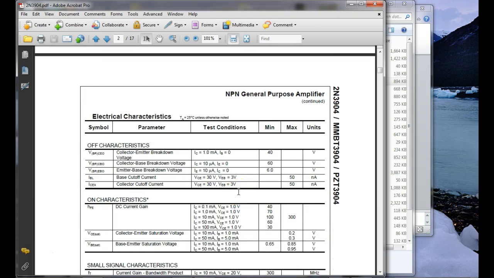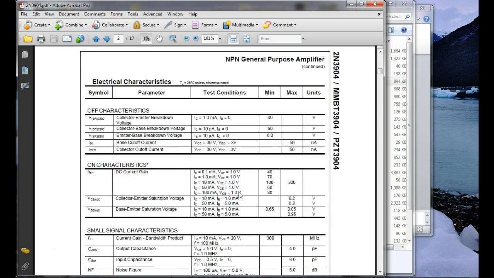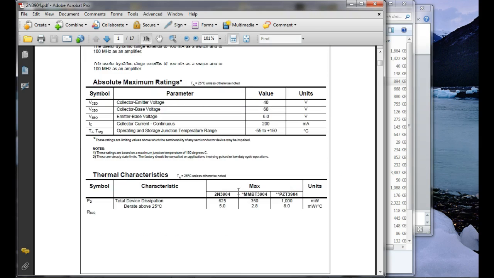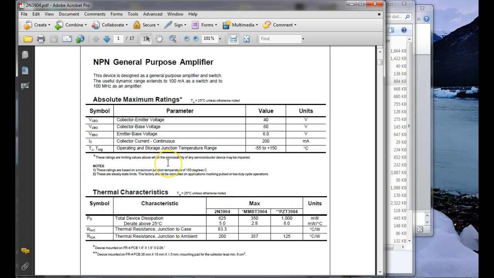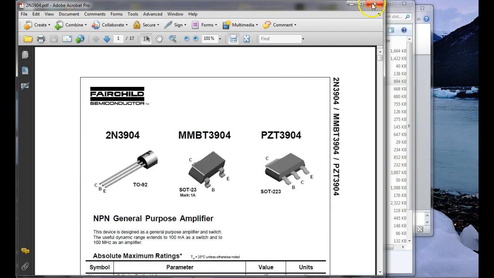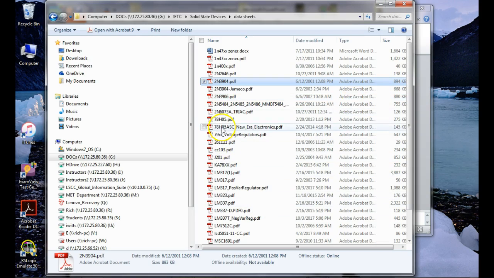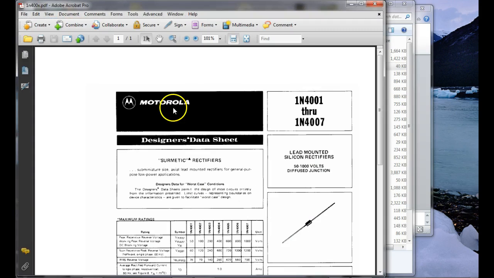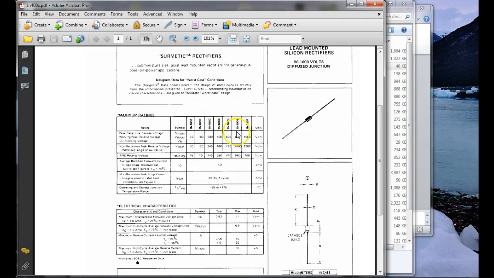Guess what? We can't find it. In fact, this doesn't even use VRRM. This uses VCEO. Oh, but we're looking at diodes. I'm sorry, transistors call it that. We're not in transistors yet. Sorry, guys.